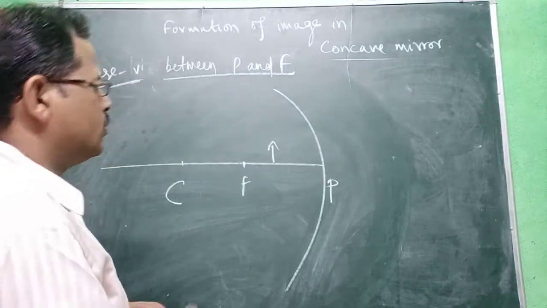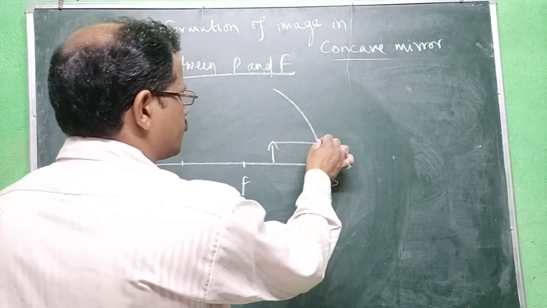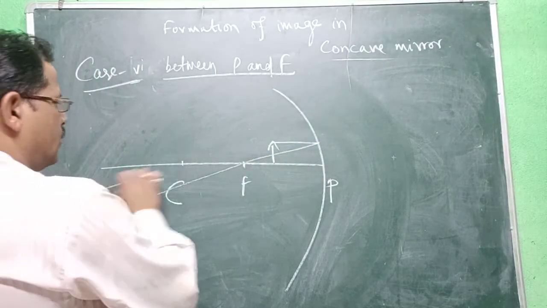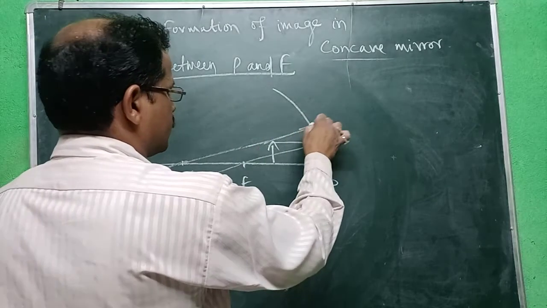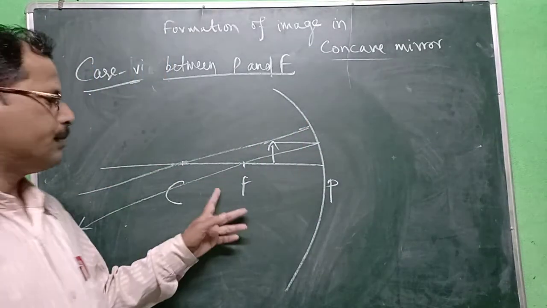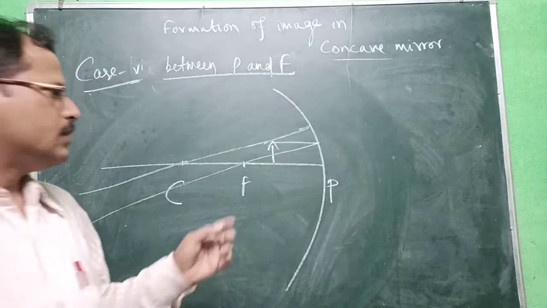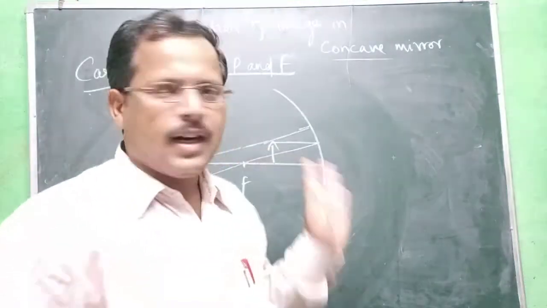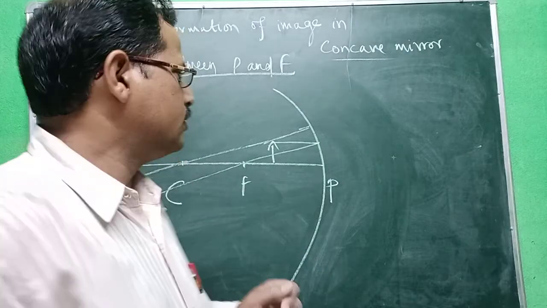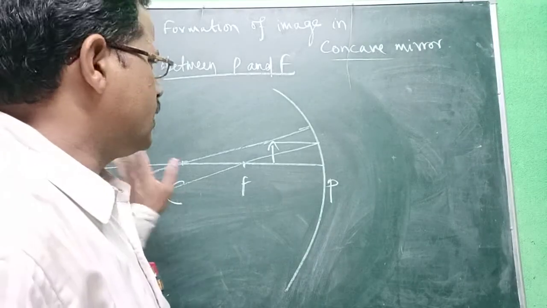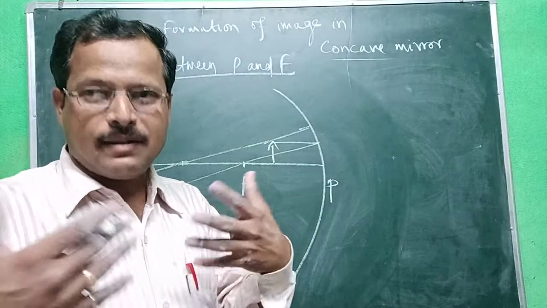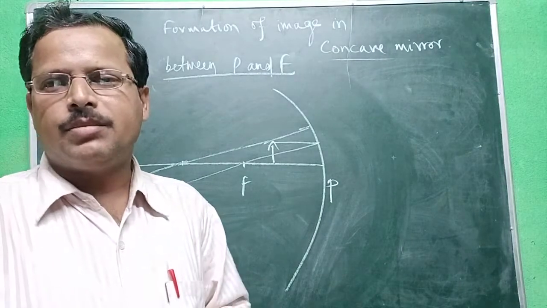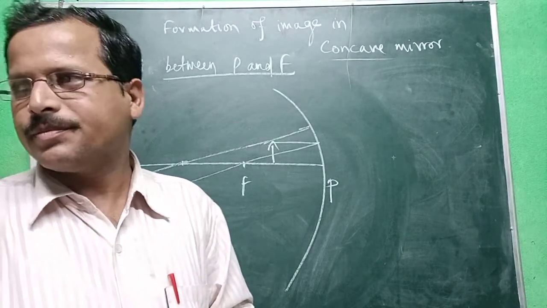So first one ray, another ray, such type. You see here, both rays are somehow diverging on the front side of the concave mirror, and there is no possibility of them meeting each other.